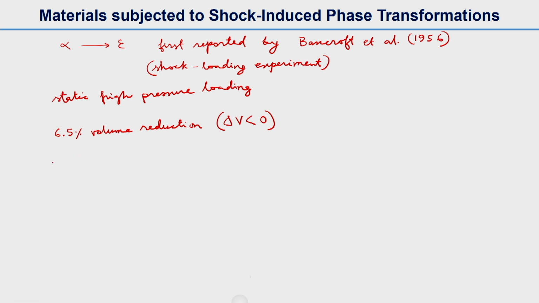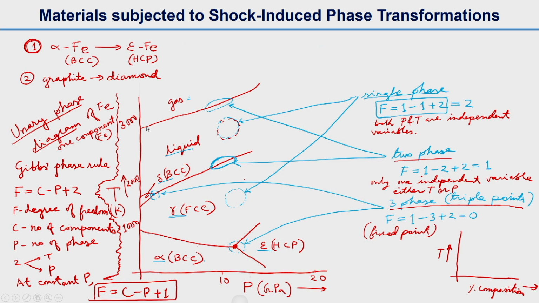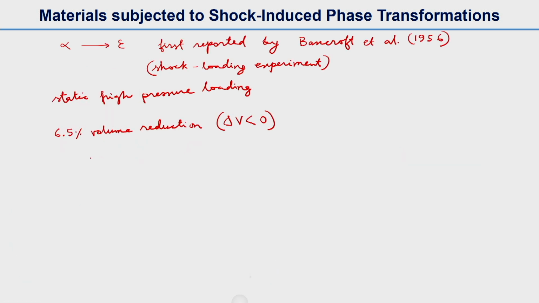From the unary phase diagram of the previous phase, what we got is that the transition pressure, if you see in this line, decreases with increase in temperature.